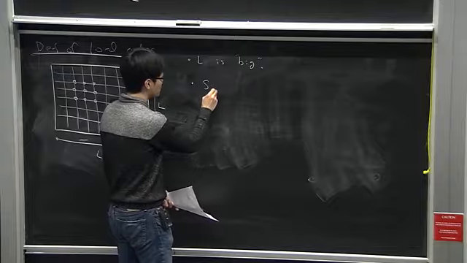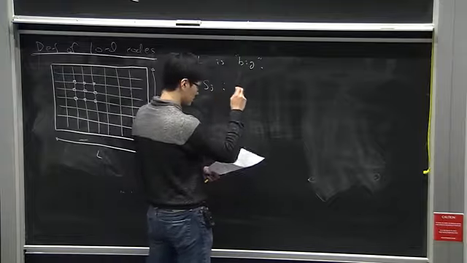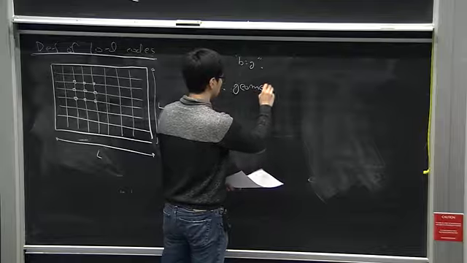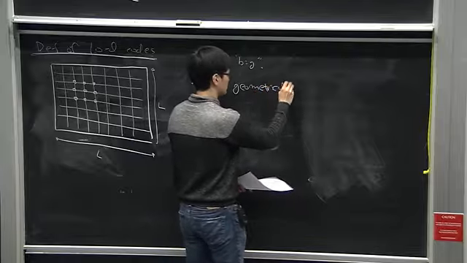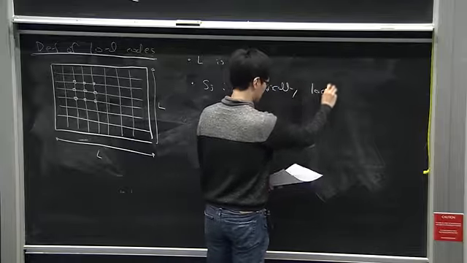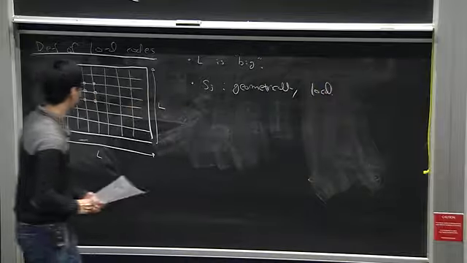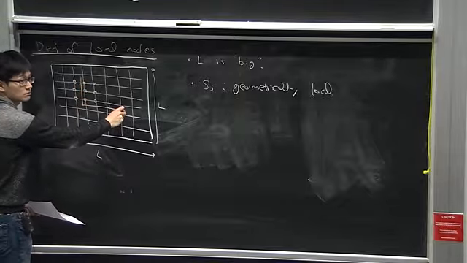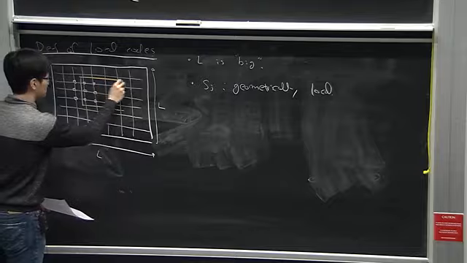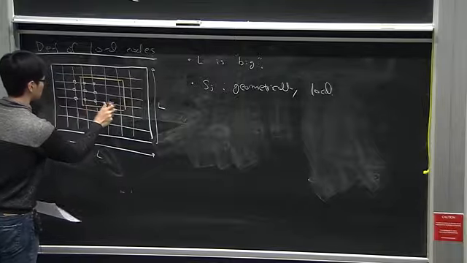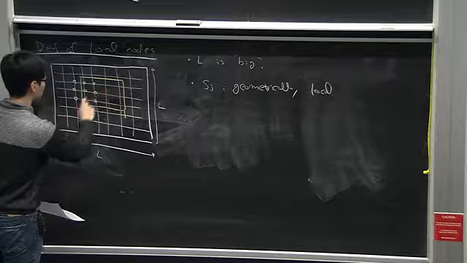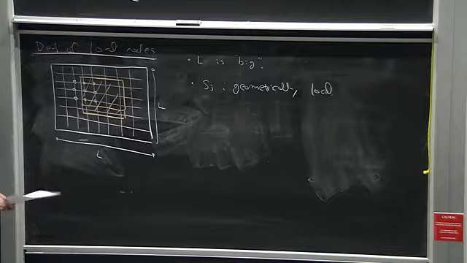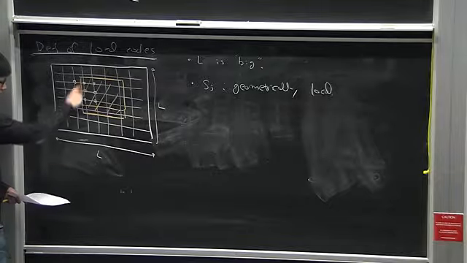Now, we are going to assume that S_j, the stabilizer generators, are geometrically local, by which I mean the following. You can always draw some finite size box. So in this case, it's a 4 by 4 box.